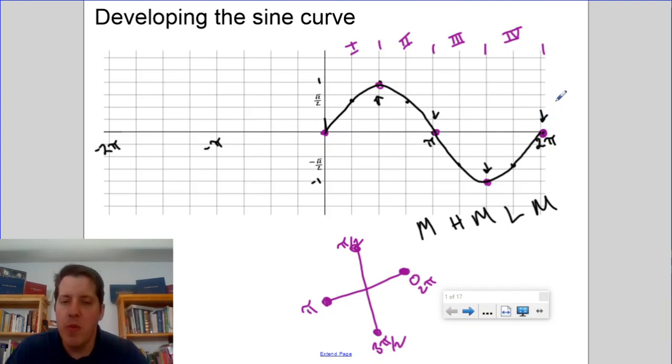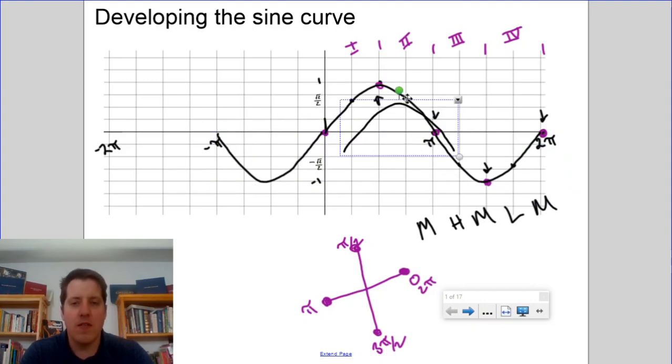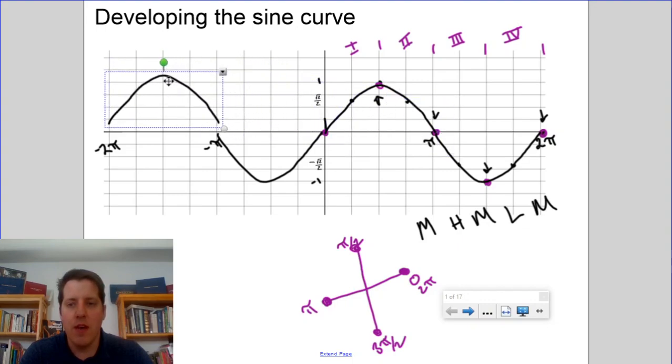That'll make a little bit more sense when we get some practice, but that's something that you have to memorize. Now, the great thing about the sine curve is that it repeats indefinitely. So if you want to graph more of it, you just copy it over, and you've got the exact same graph repeating in every direction. And we talked about how that gives us our general solution and things like that.